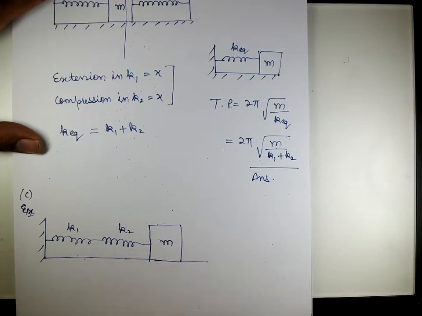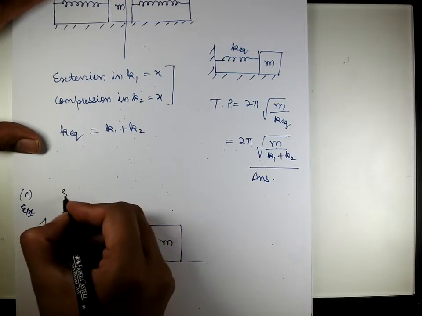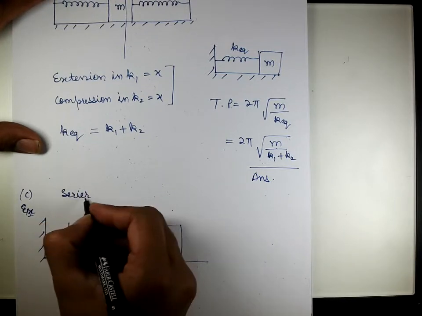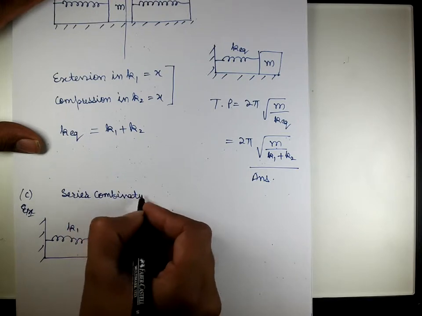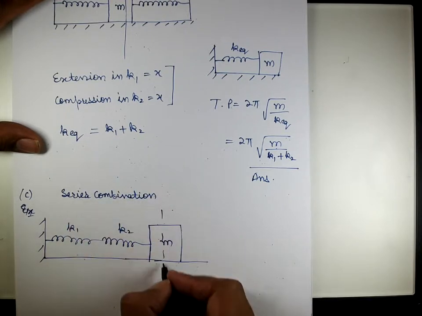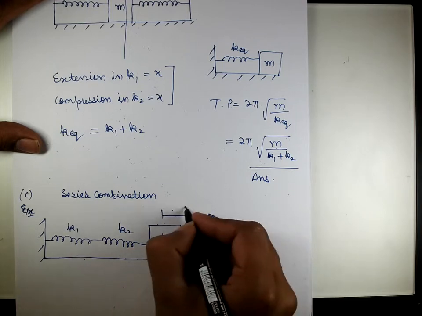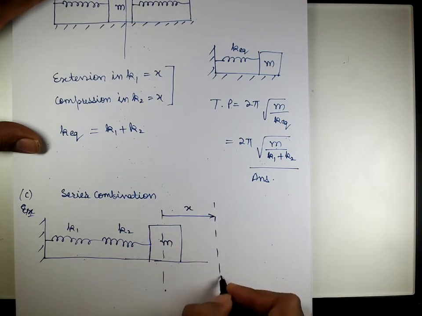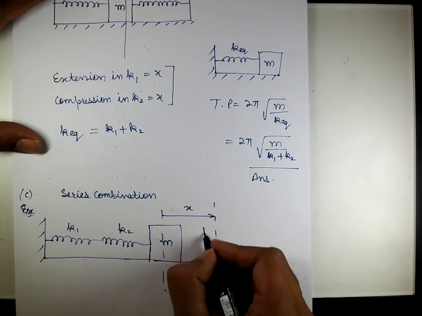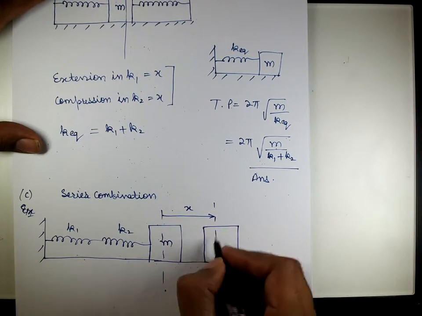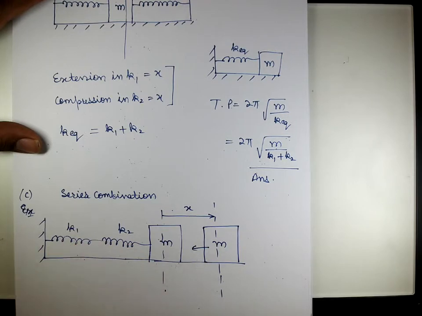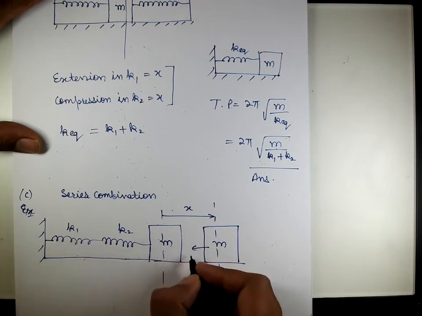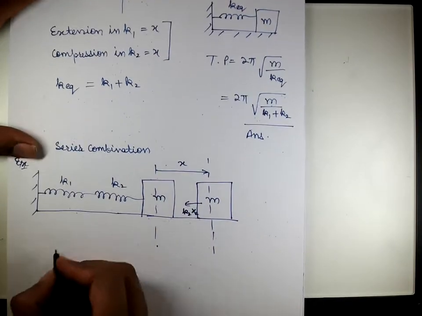Why? Because one has a spring constant k1, the other has a spring constant k2, and the block has a mass m. This is a series combination. Let us extend this spring by a distance x. The net force on the particle would be equal to k2 x2 or k1 x1.